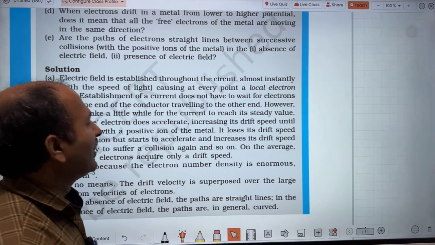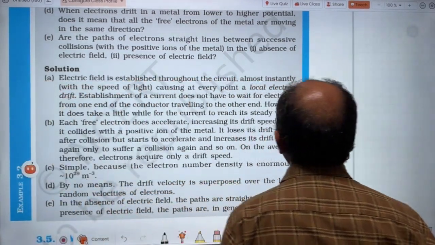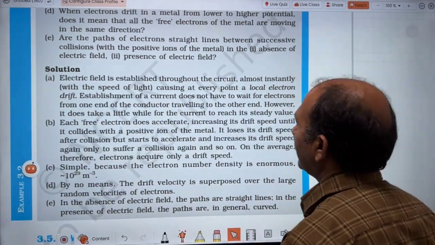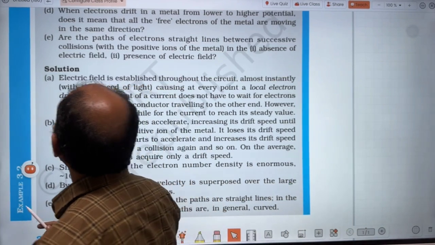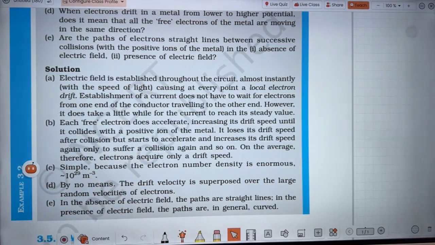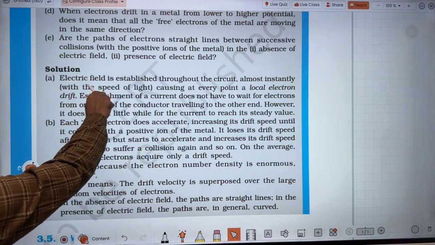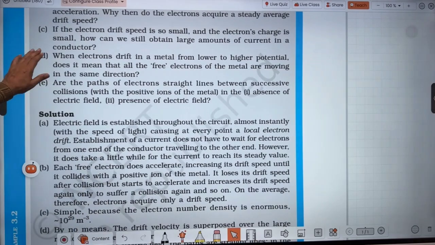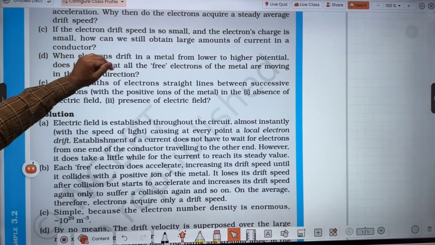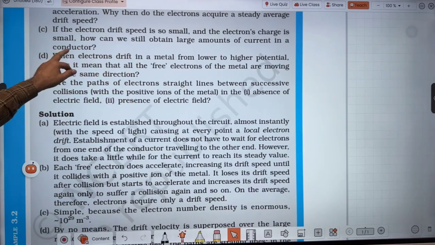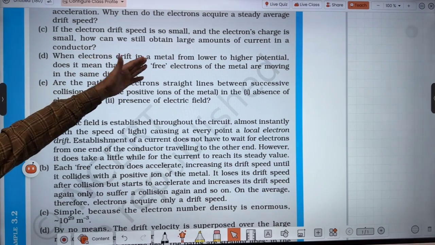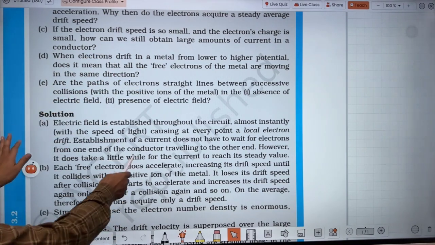So the logic is very simple. If there were no collision, in that case you would have said that acceleration would be there and then force would be there. But here, due to collision, again and again speed reduces to 0, then again acceleration takes place. And then the next part says, if the electron's drift speed is so small and the electron's charge is small, how can we still obtain a large amount of current?